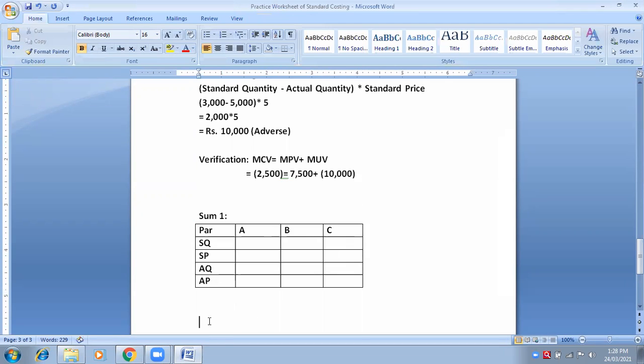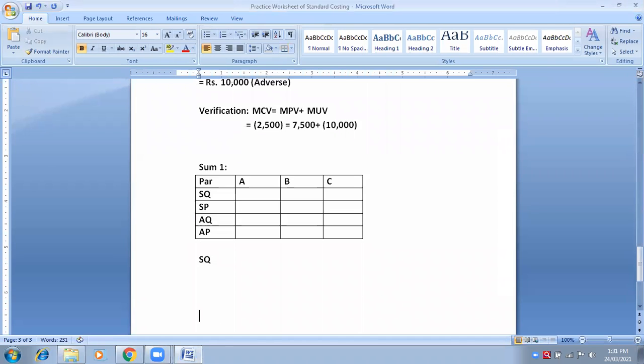First of all, the standard quantity of A. See, standard quantity, standard price, actual quantity, and actual price. Let us calculate for A first.